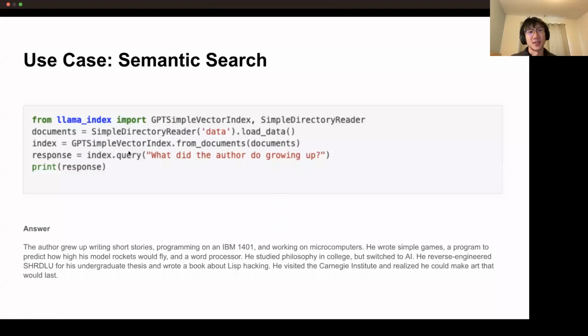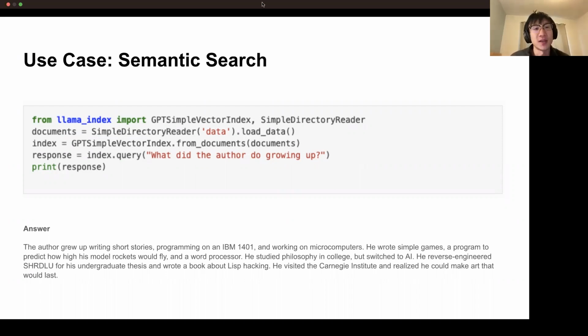This is a classic application of semantic search where we take this query and do top K embedding retrieval from a vector store index to fetch the relevant pieces of content from the text by embedding similarity. Then we take the highest nodes by embedding similarity and put them into the response synthesis module to give you back a response.